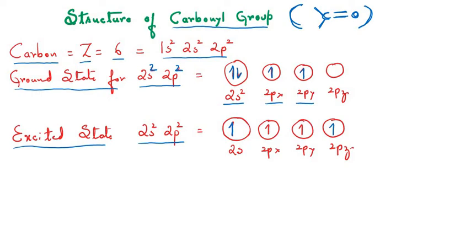So altogether there are now 4 singly occupied orbitals. This becomes 2s1, 2px1, 2py1 and 2pz1.